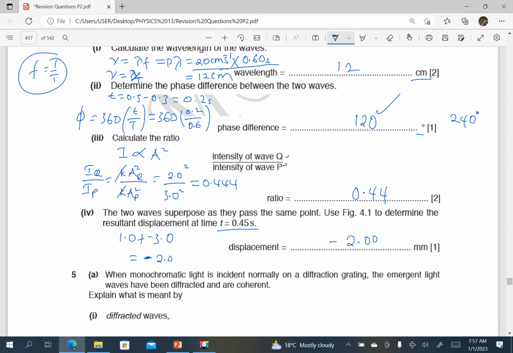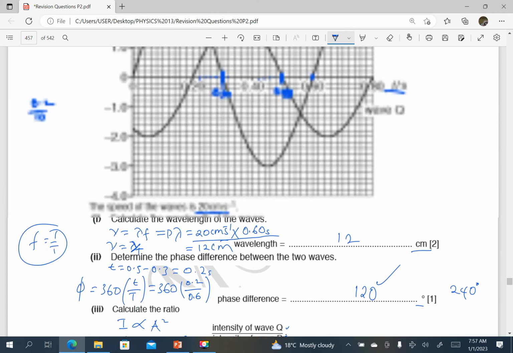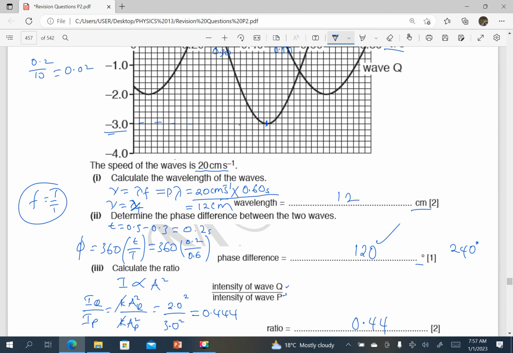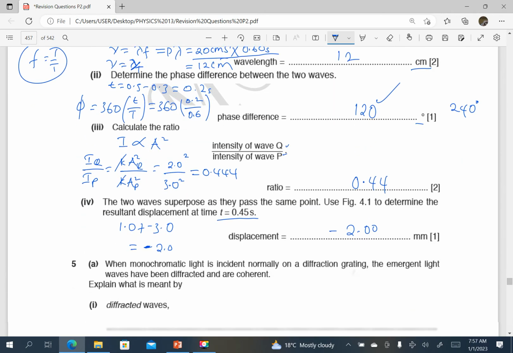The principle of superposition says the resultant is the algebraic sum. So we have seen at 0.45 seconds, the amplitude of wave Q is 1 from the graph, and at the same time the amplitude of wave P is negative 3 from the graph. So we add algebraically and we get negative 2.0.